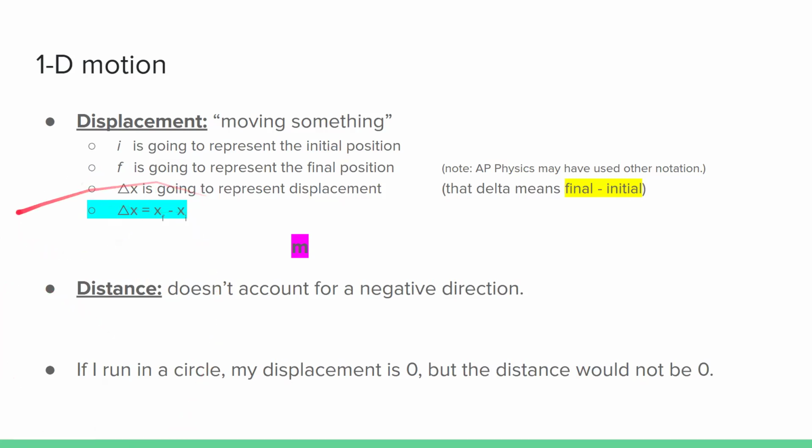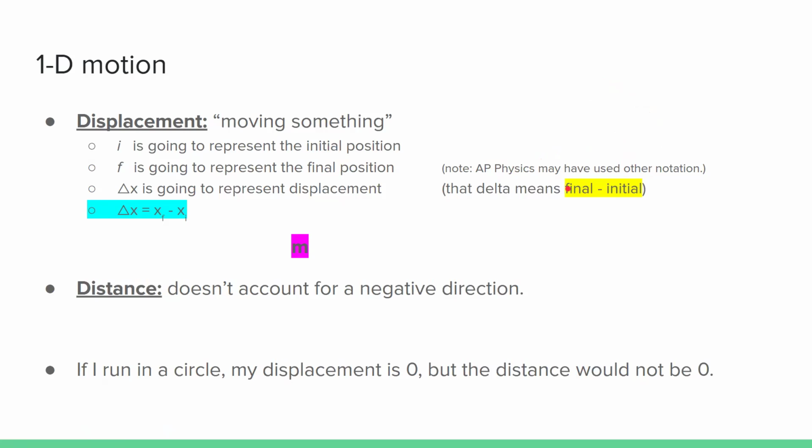But like I said, displacement is what we're going to look at, and we can use delta x to define that. Delta, in case you don't know, that triangle, that means change in. So that's going to be the final position minus the initial position. So for delta, it's always going to be final minus initial. See this right here.